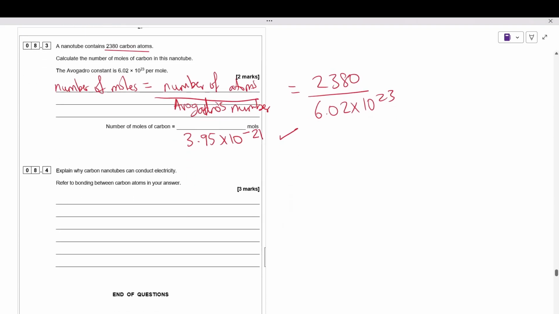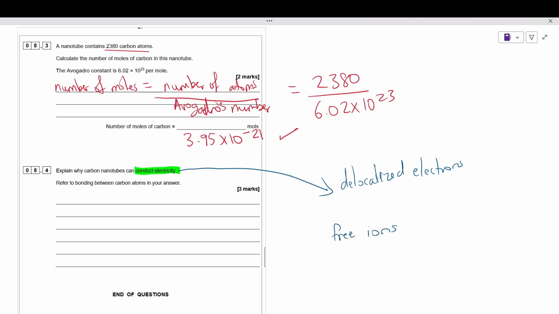8.3, so we're going to explain why carbon nanotubes can be used to conduct electricity. And whenever you're thinking about something conducting electricity, let me just highlight this and note it on the other side. Whenever you are thinking about this, you're thinking about 2 concepts. Let me just note it over here. And those 2 concepts are either delocalized electrons, or free ions.